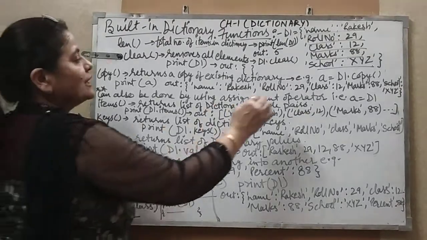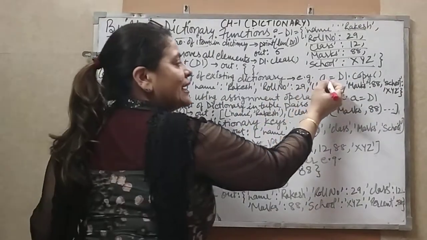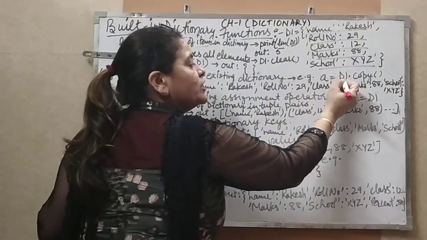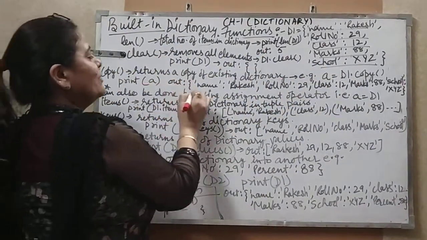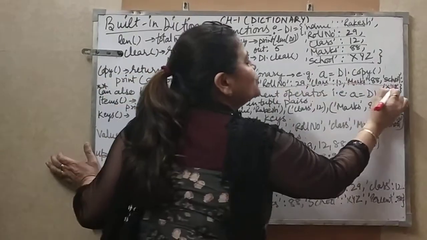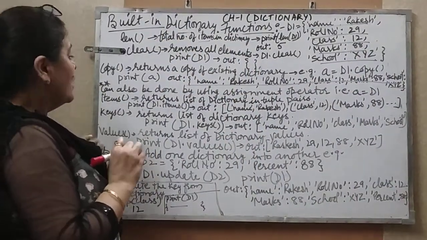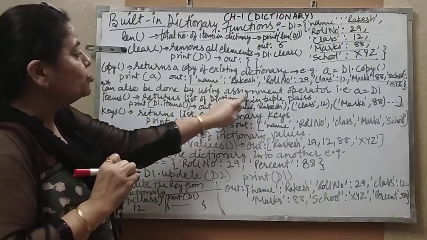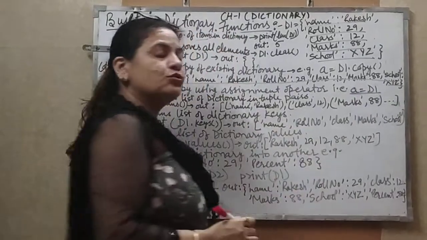For example, first time I am saying A is equal to D1 dot copy function, which means that A will contain a copy of the dictionary called D1. So if I'll say print A, then it will display me the same contents whatever was there in my dictionary D1, right? The same can also be done using the assignment operator. I can write this statement like this: A is equal to D1.